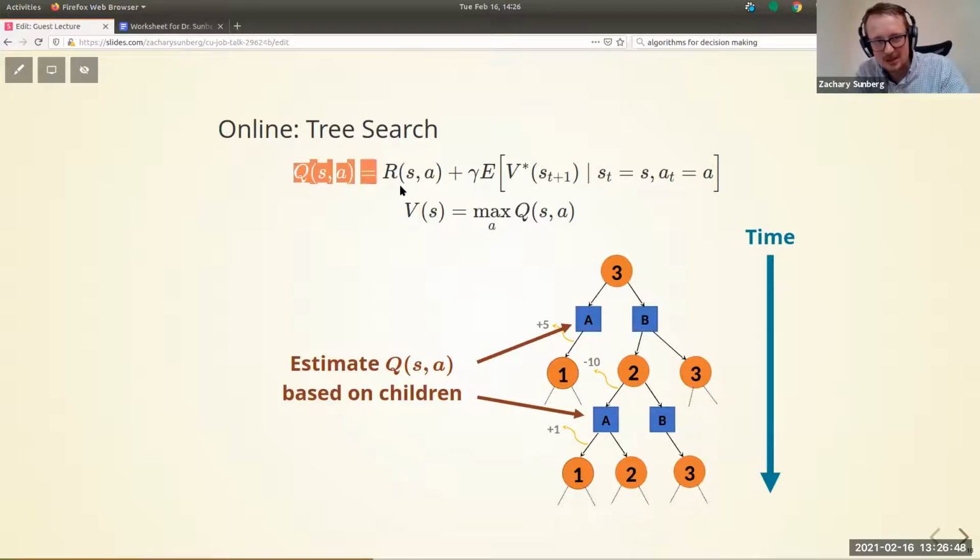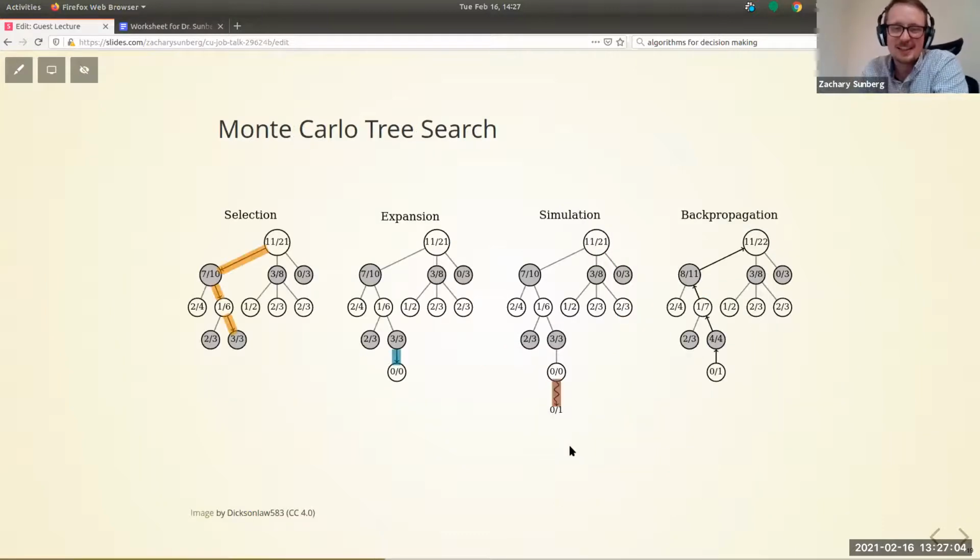So you calculate the Q for action A at state 2, then you calculate V at state 2 for this, and you repeat these equations, working your way back up the tree, back to the root node. If you don't understand how that works in this lecture, don't worry. It's a bit complicated, but the basic takeaways are, we've got this tree, we want to estimate the value functions in it, and we want to focus our search with Monte Carlo tree search.